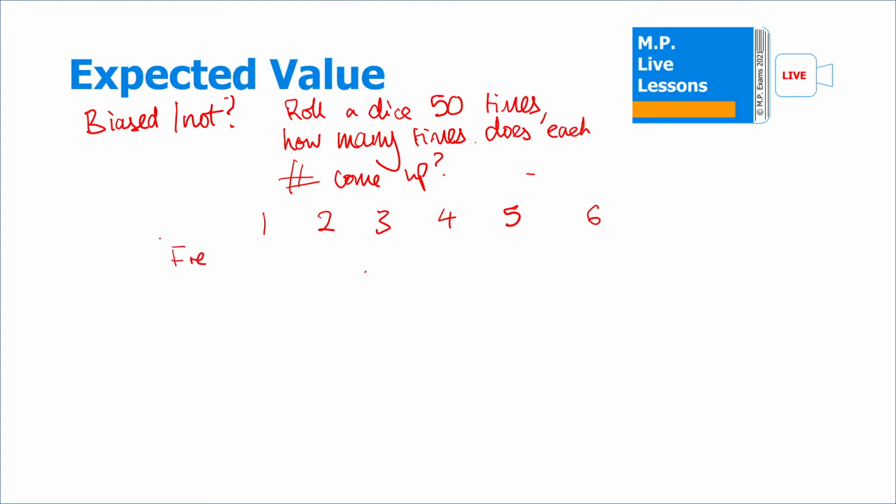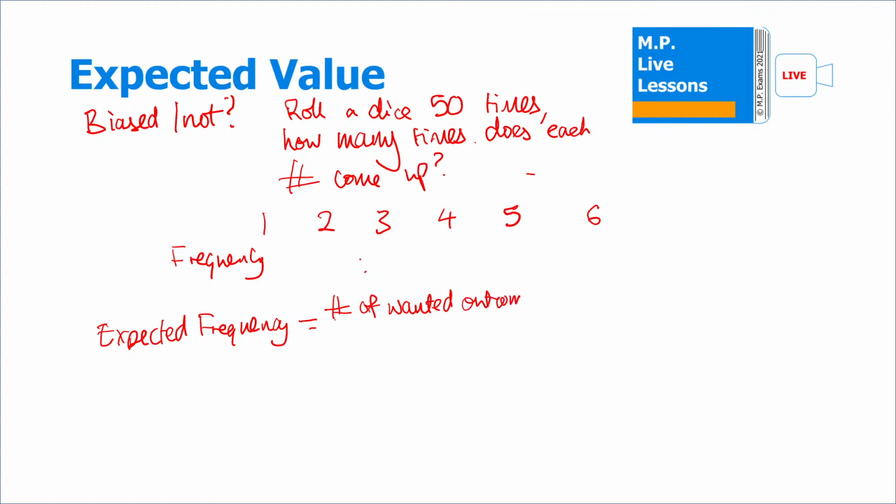We'd have, let's say, frequency. So expected value or frequency is number of wanted outcomes. That could be, for example, you want a certain number, or you want, let's say, an even number, divided by total outcomes times the number of trials.